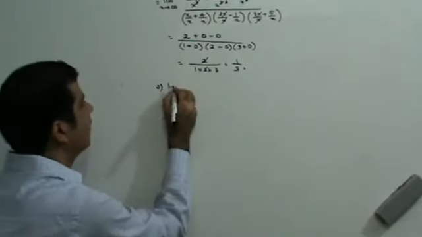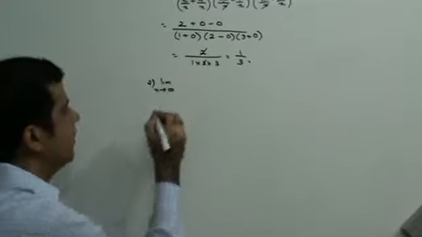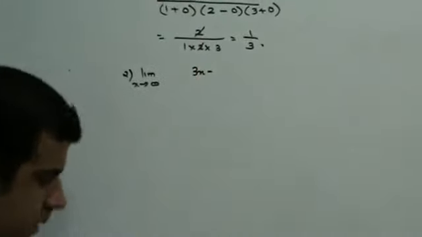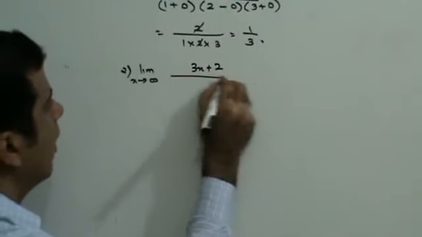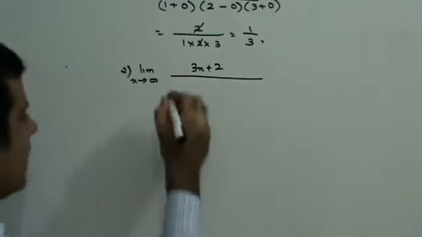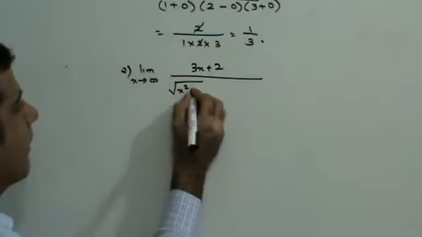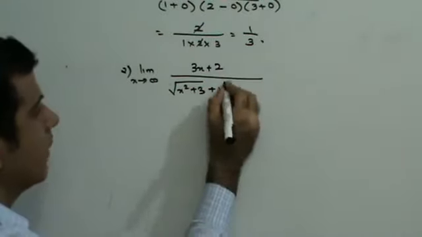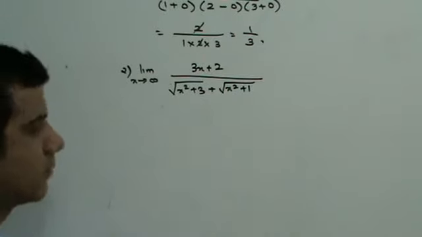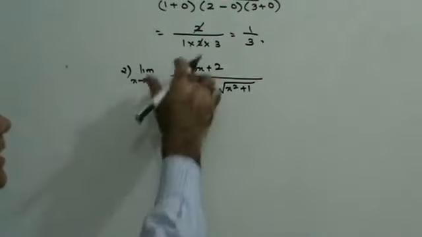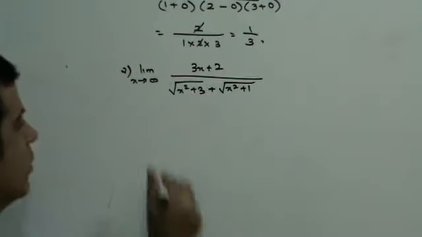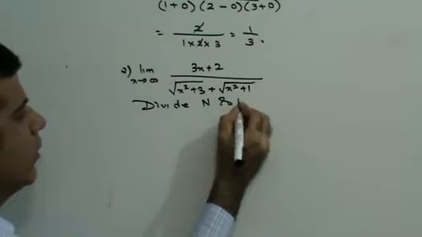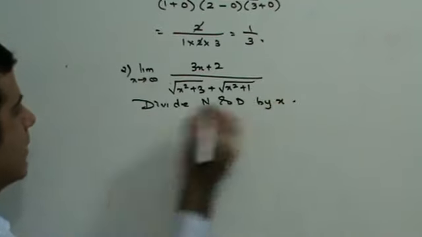Limit of x tends to infinity, (3x plus 2) upon (root of x square plus 3 plus root of x square plus 1). The highest index of x is 1, so I'm going to divide numerator and denominator by x.